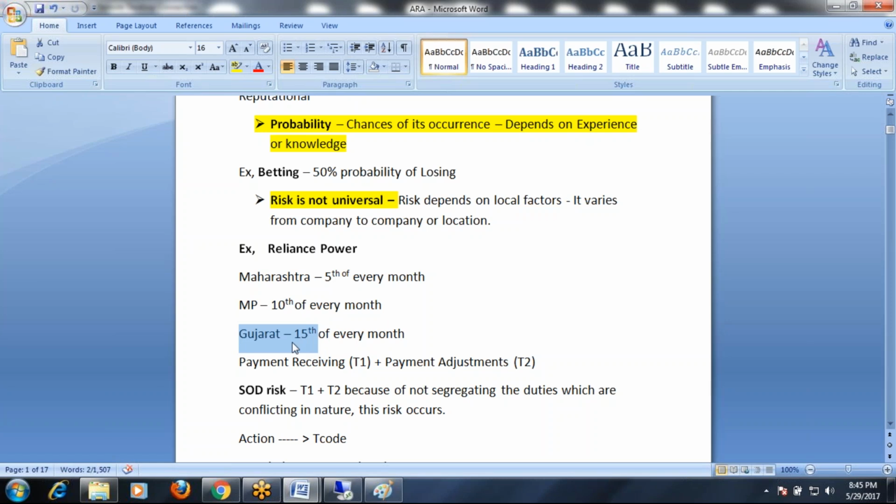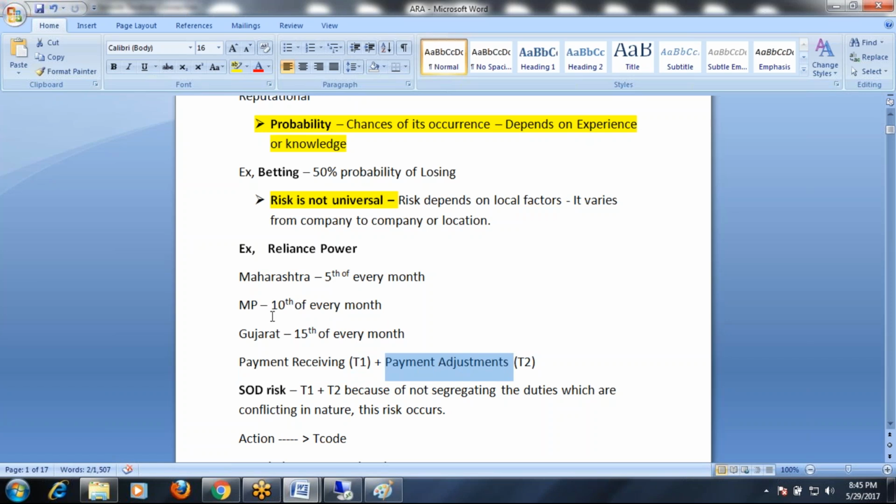The money paid by Gujarat will be shown as if it was paid by Madhya Pradesh. And when Madhya Pradesh actually pays on the 12th or 13th, that will be put into the account of Gujarat. So the Reliance Power employee received the payment from Gujarat, and then adjusted the payment as if it was paid by Madhya Pradesh.